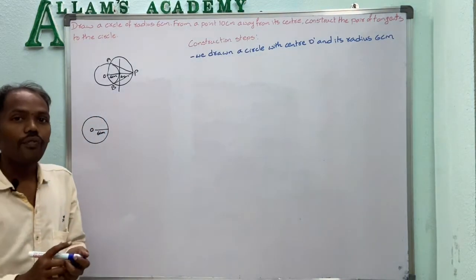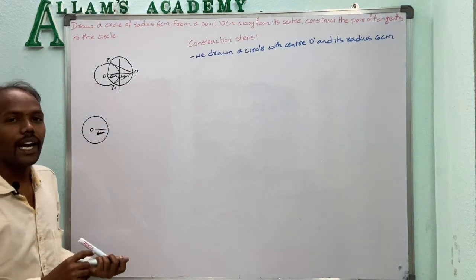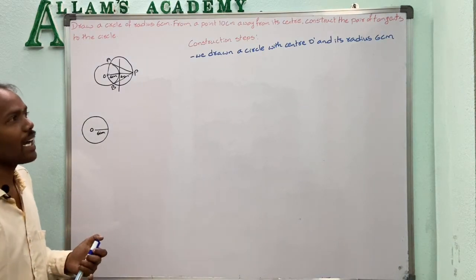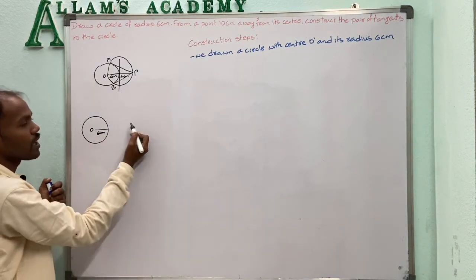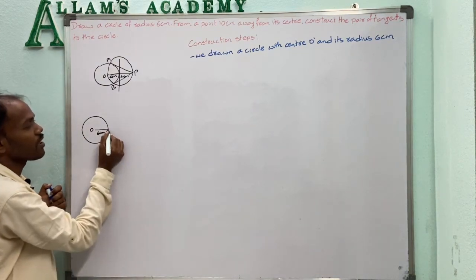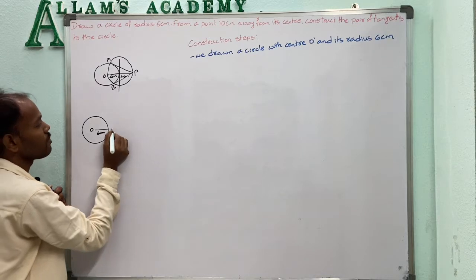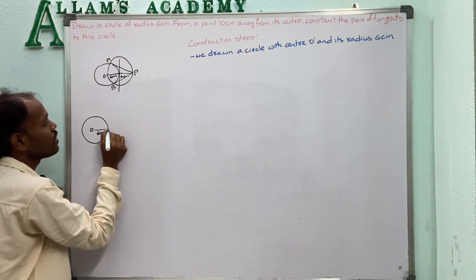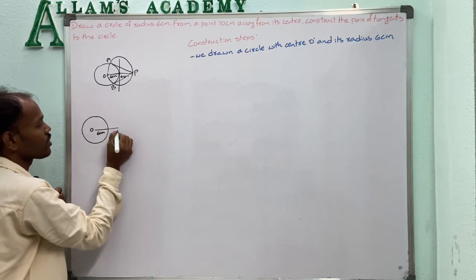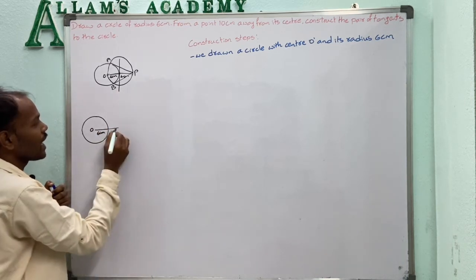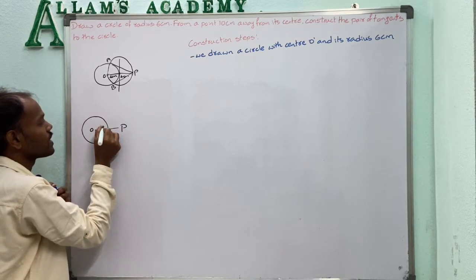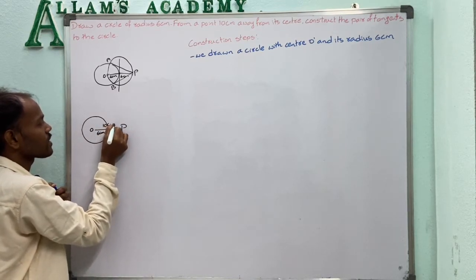Now from an outer point 10 centimeters away we have to draw tangents. That means from the circle it is again 4 centimeters. So from the center we draw a line segment of 10 centimeters, that is OP. Now this length is 10 centimeters.